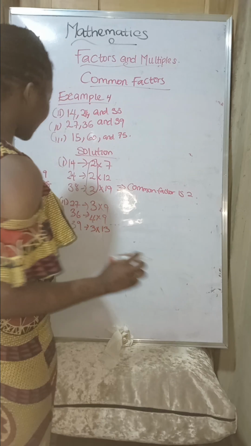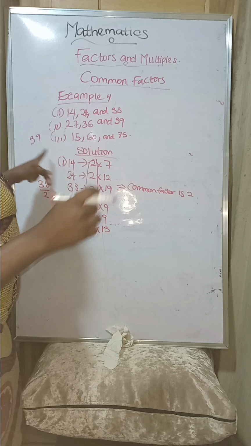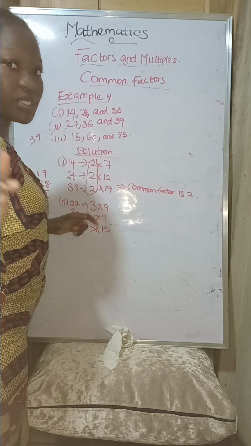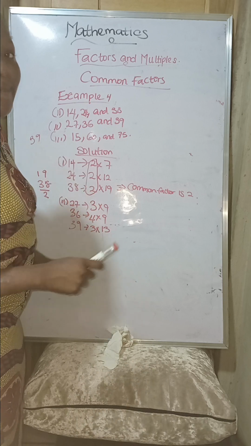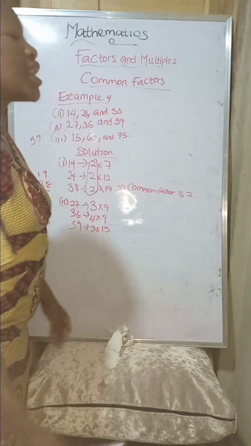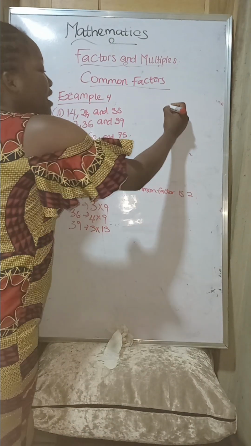How did I get it? I told you about the divisibility rule. Let's start from 2. If a number ends with an even number, it is divisible by 2. Now, the divisibility rule of 3: say you have 12.